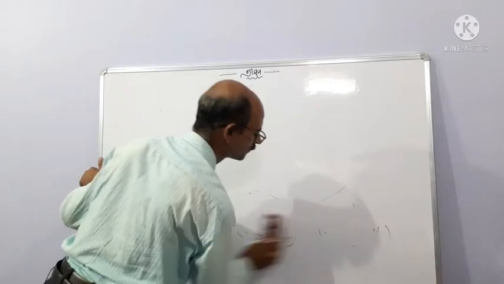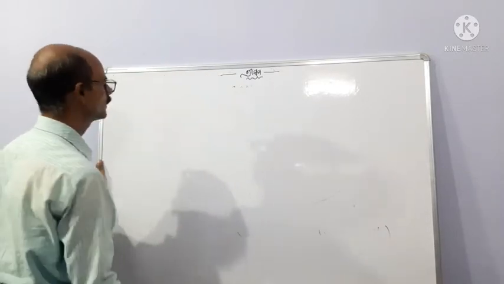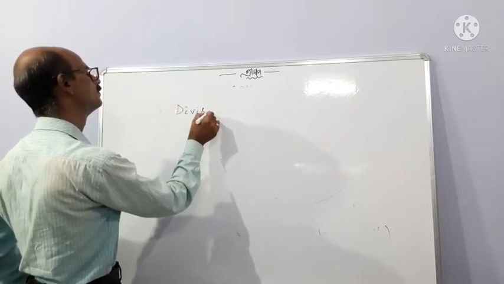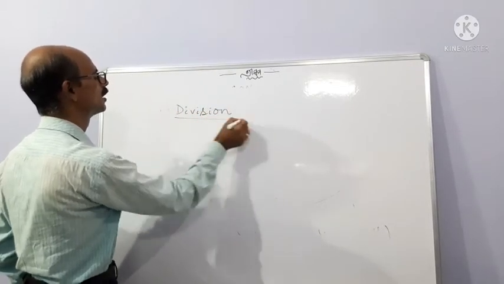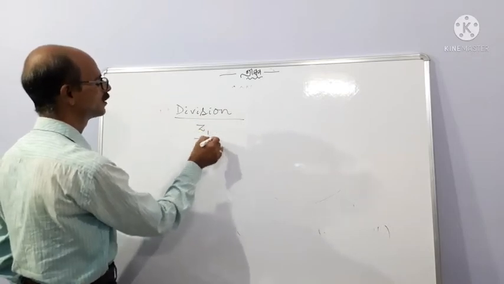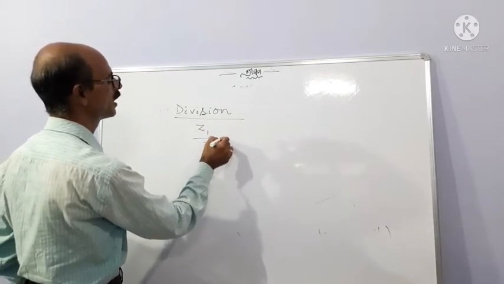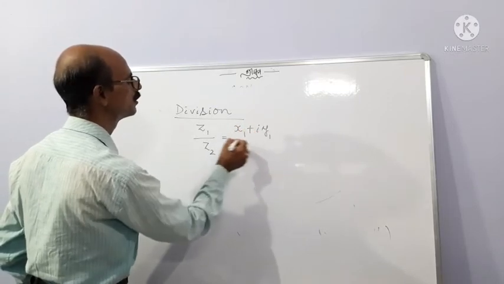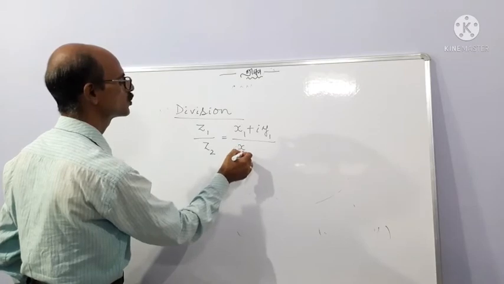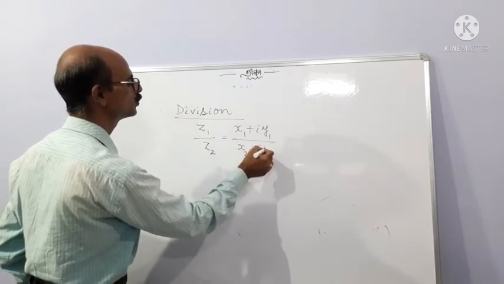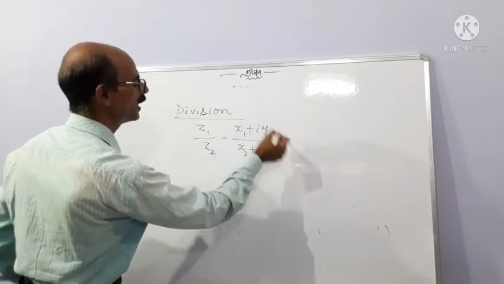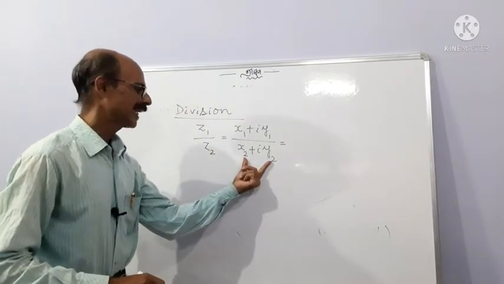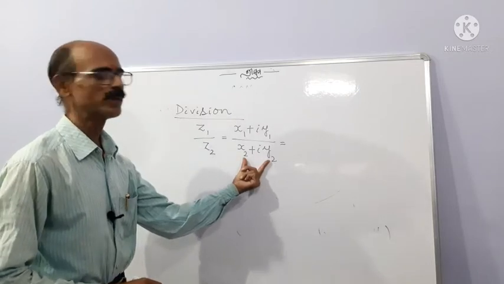Division is interesting. z1 by z2, x1 plus i y1 by x2 plus i y2. In this case, what will you do? First look at the denominator.